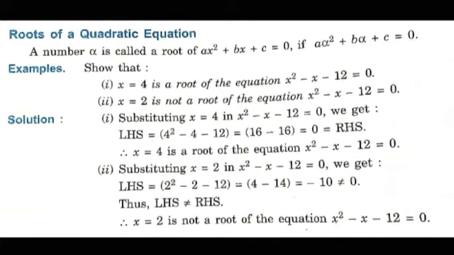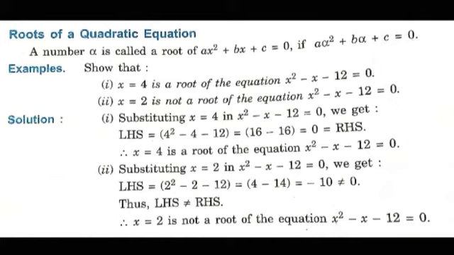After solving, if you arrive at the answer 0, you can conclude that it is a root of the equation. If you get some other answer, that given number is not a root of the equation.